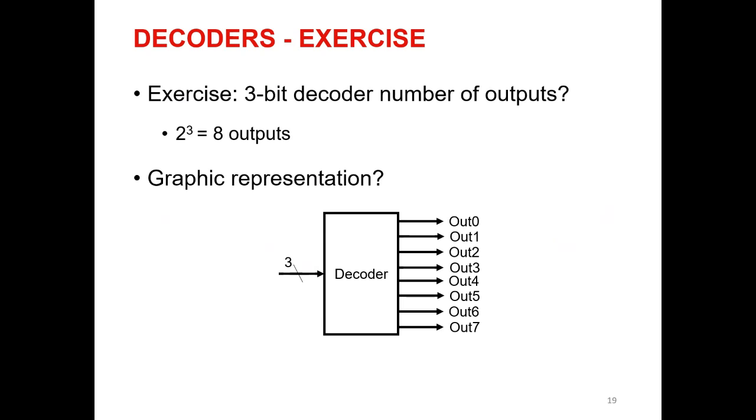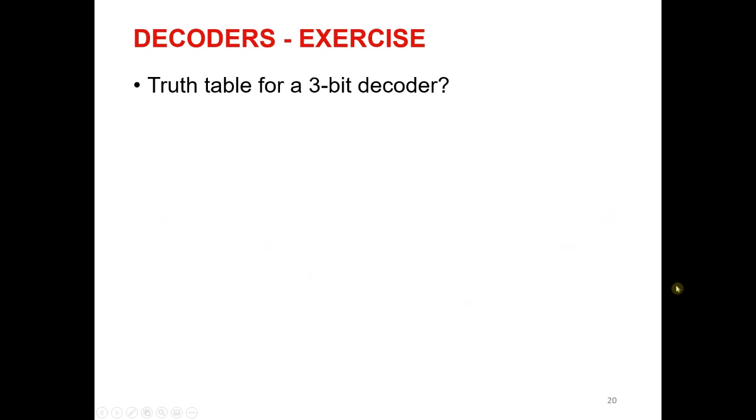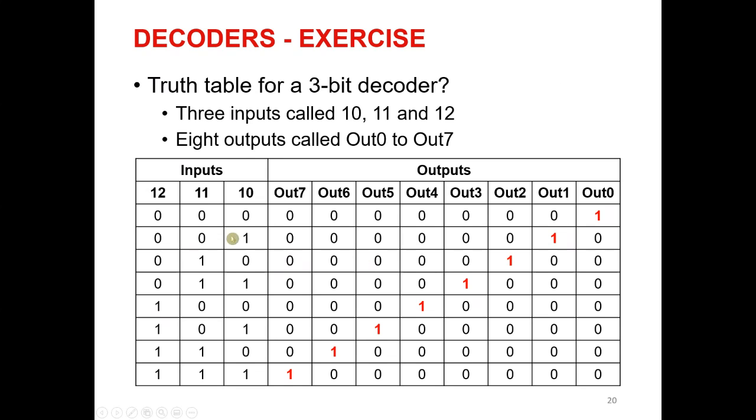Okay, so let's repeat this again. The answer is actually in this truth table. Here we have all the possibilities for these 3 inputs. In these first 3 columns we have all the possible combinations of values for the 3 inputs, and depending on those 3 inputs, we are going to select one output.